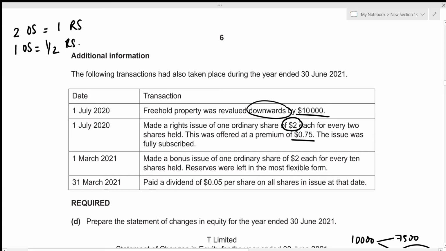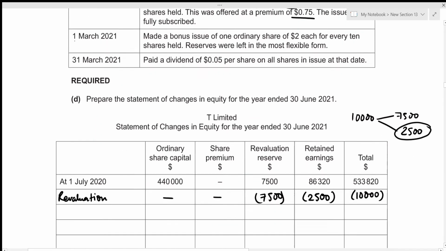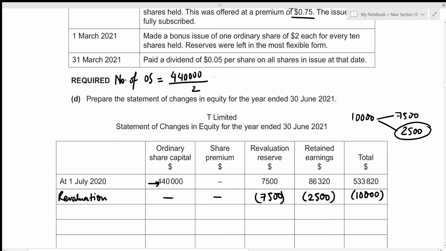Now in order to figure out the total right shares issued, we first need to figure out the total number of ordinary shares that we have. So we have the value of ordinary shares right here. Now, in order to figure out the number of ordinary shares, we just divide the value of the ordinary shares with our nominal rate. So that's going to be 440,000 divided by 2, which gives us 220,000.